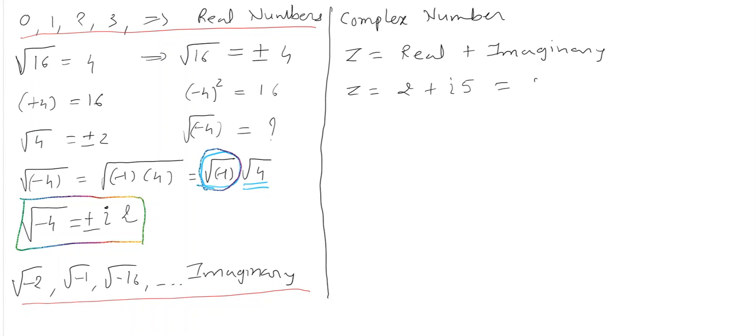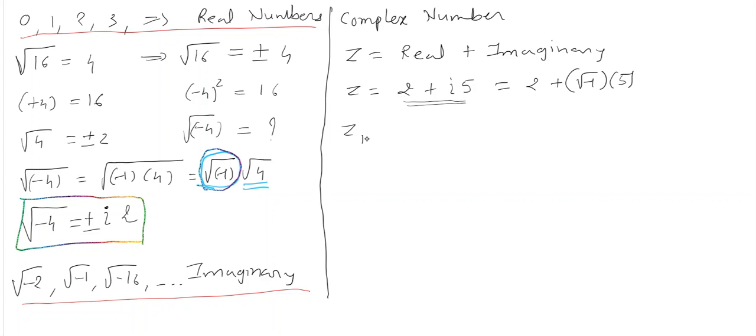what I am talking about is 2 plus square root of minus 1 into 5. And this 2 cannot be added. You cannot write this as 2 plus 5 as 7. The way you have x component and y component of vectors, the real and imaginary parts are both separate entities. You cannot add or subtract them directly.